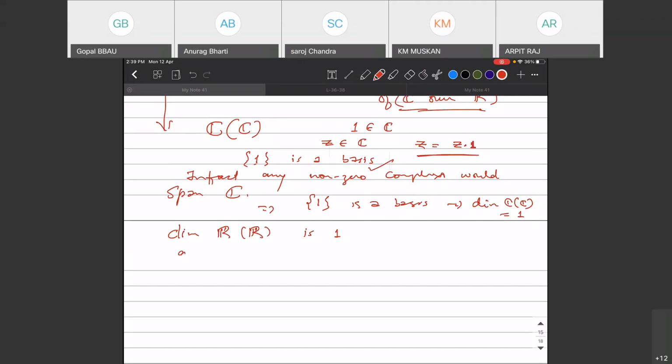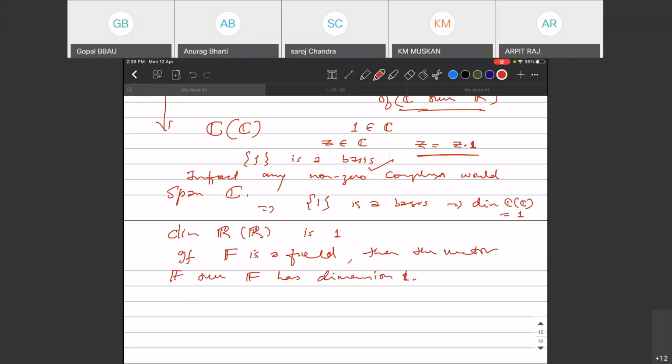And if F is a field, then the vector space F over F has dimension 1.